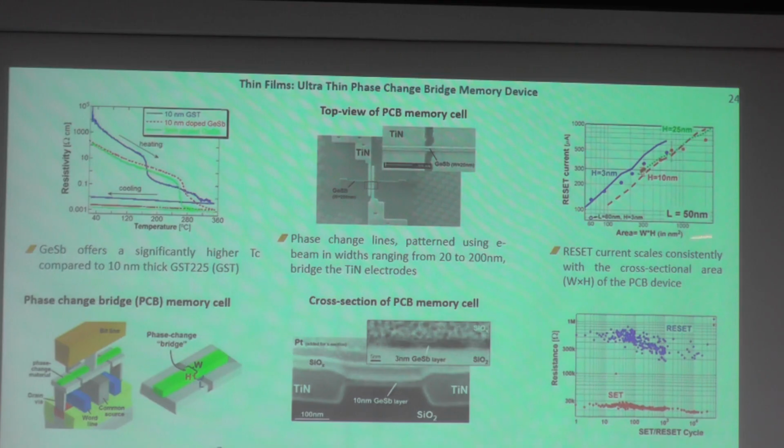Characteristics like reset currents and the endurance were all tested, and they found that the reset current changes with the cross-sectional area of such a device, and that the cycling endurance of such a device is also around 10 to the 4 set-reset cycles. There is a nice difference between the low resistance state and the high resistance state. So such very thin, ultra thin layers also have potential for rapid scaling of PCM devices.